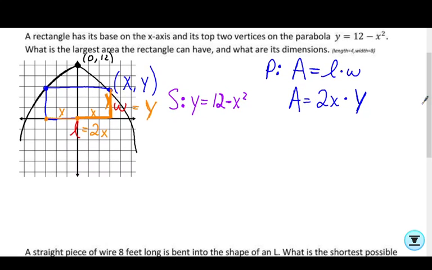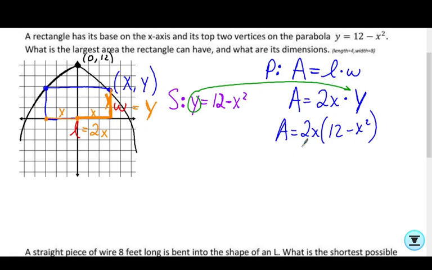Okay, and those should give you the maximum or minimum that you need. So here, since I'm using my secondary to plug into my primary, I can plug this y here in for that y there, which gives me my new area equation, which is 2x times 12 minus x squared.